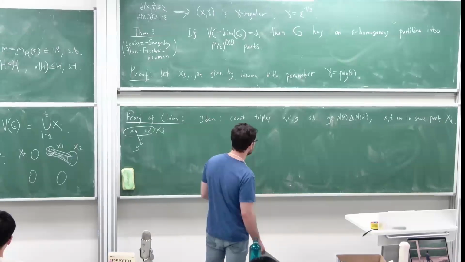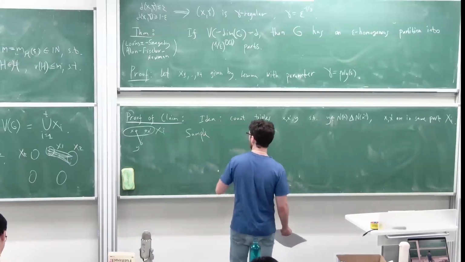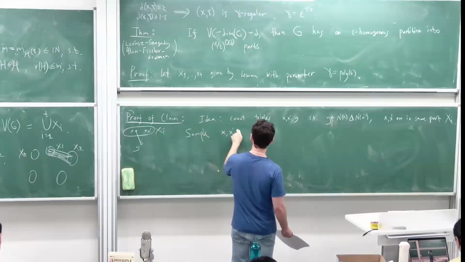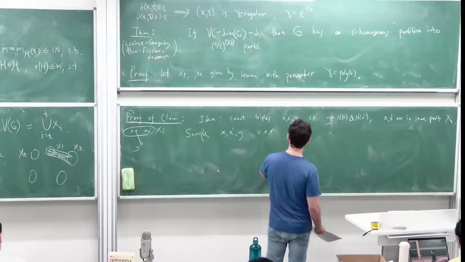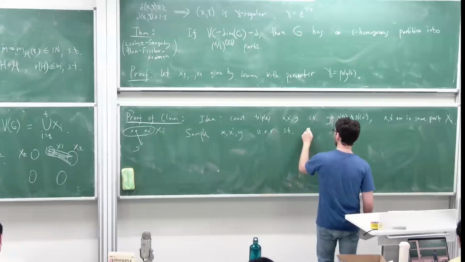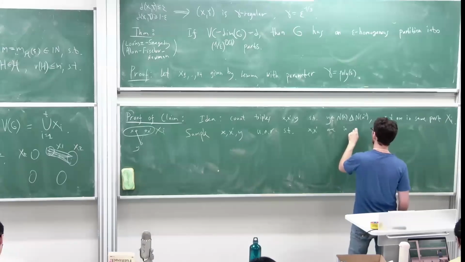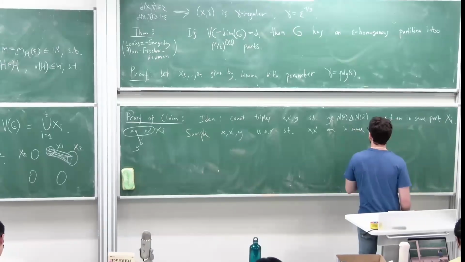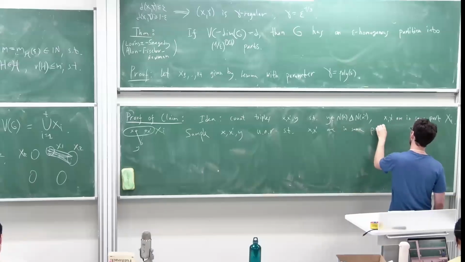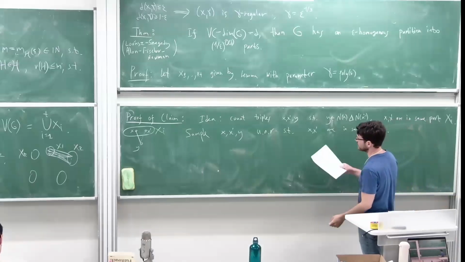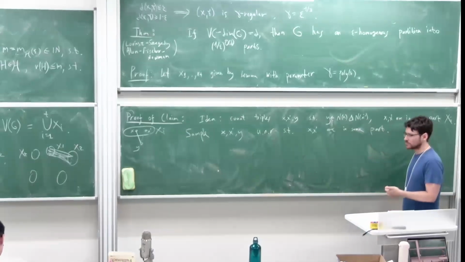So instead of counting, let's sample. It's the same thing. So sample x and x prime and y uniformly at random, such that x and x prime are in the same part. You can imagine that we sample x and y, and then given x, we sample something else in the part corresponding to x.